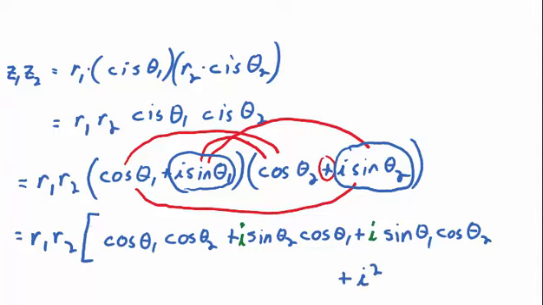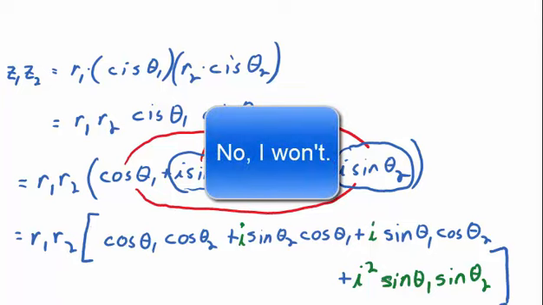Let me emphasize that. Everybody see that? Okay, and then what else? So we're multiplying the last guys. So sine theta 1 times sine theta 2. And then close the bracket. Okay, is that okay?